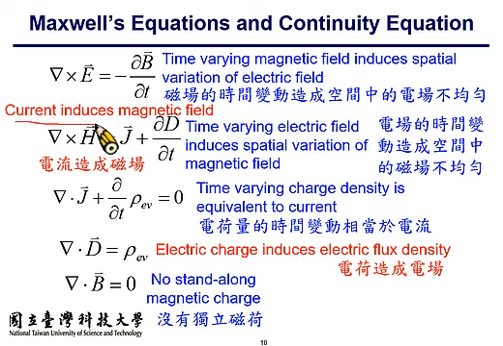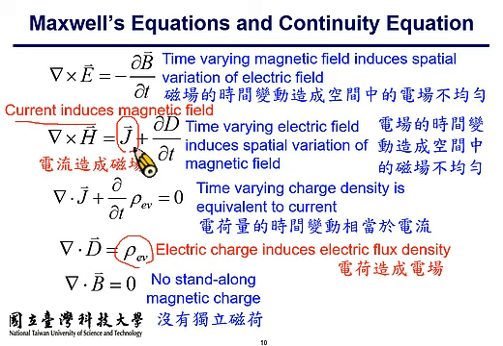So check the two sentences in red. You have J here and rho here. The two are the sources of the electrical and magnetic field. To be specific, the current density J is related to the magnetic field, as you can see in Ampere's circuital law.